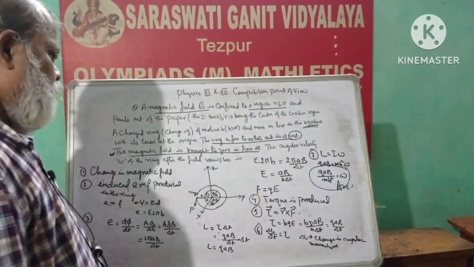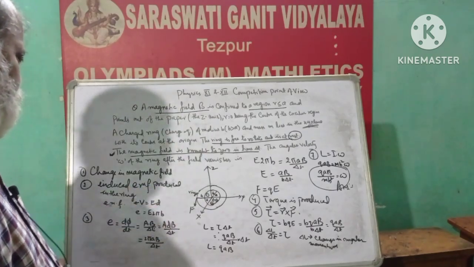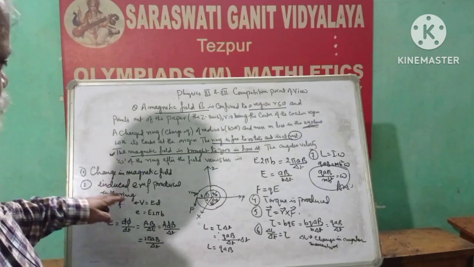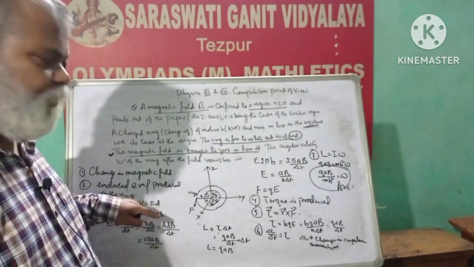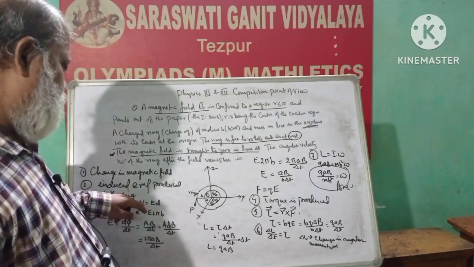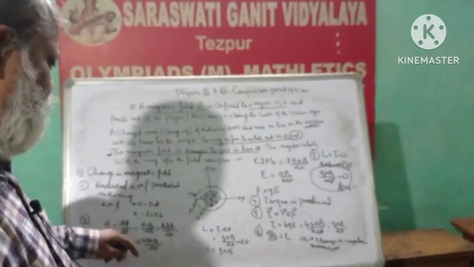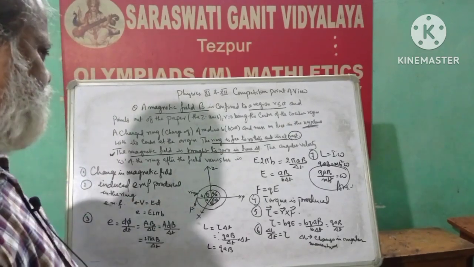So that is why I have selected this question, because here you see this is electromagnetic induction. Here there again comes electrostatics, you will find this formula in equipotential surface, that is potential and electric field relations.